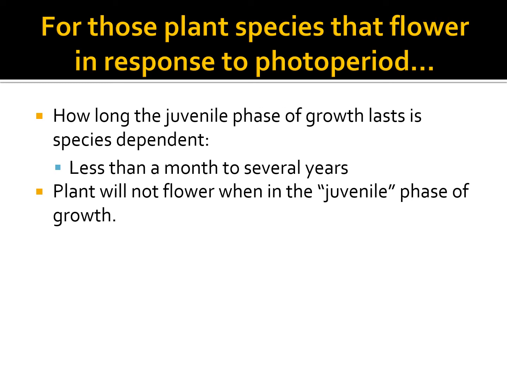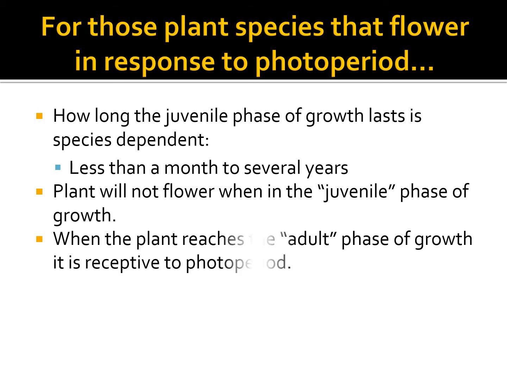So plants cannot flower in the juvenile phase of growth. We already talked about that. When the plant finally does reach the adult phase of growth, it is finally receptive to the photoperiod. It's receptive to that uninterrupted dark period that will trigger flowering.